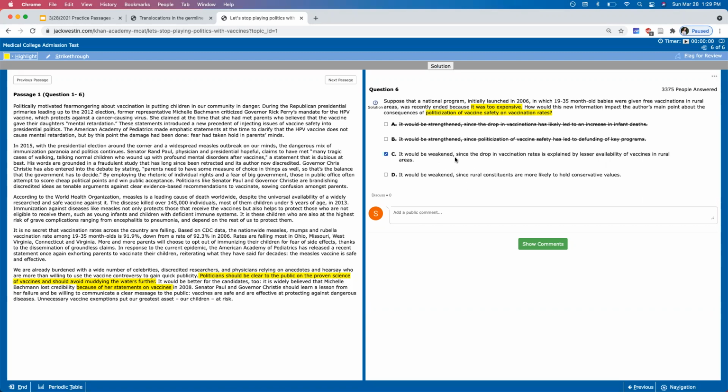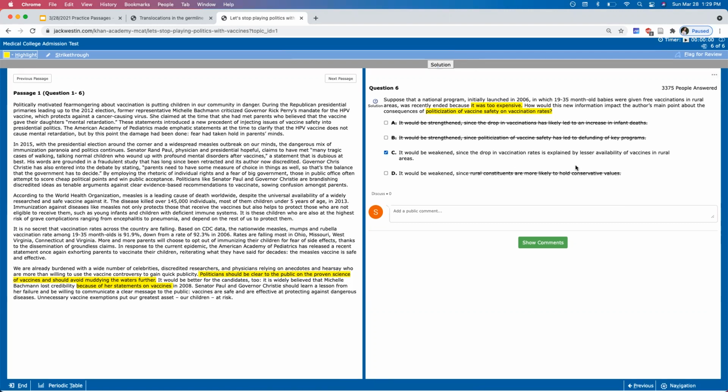And then it's definitely weakening it. And we can't say that the rural places have conservative views. So it's definitely because the drop in vaccinations can be explained by having fewer vaccines. So that would make the most sense here.